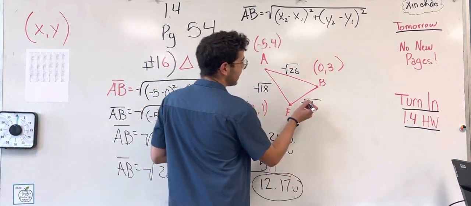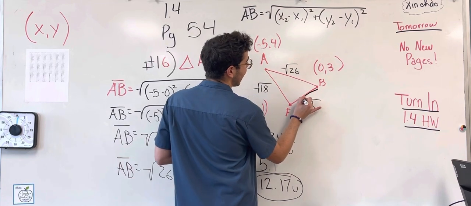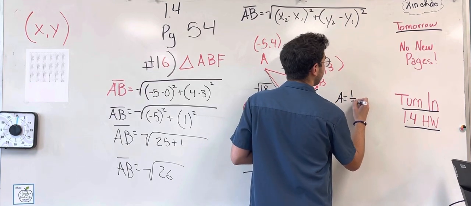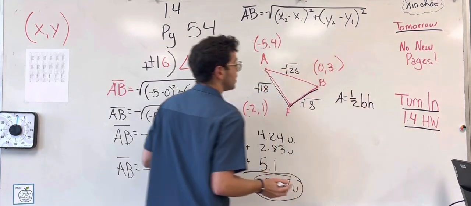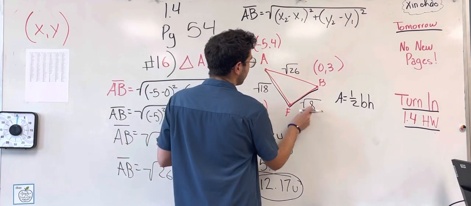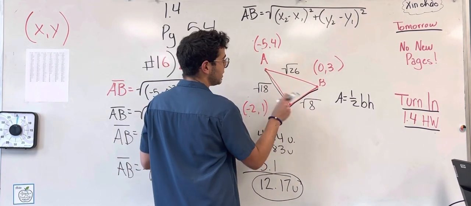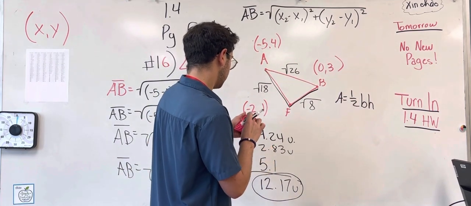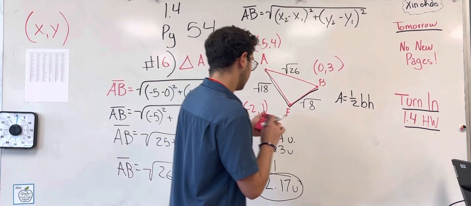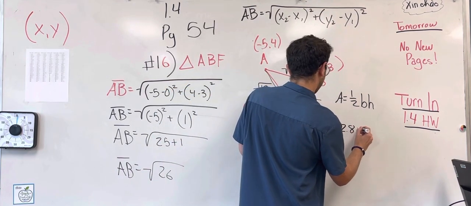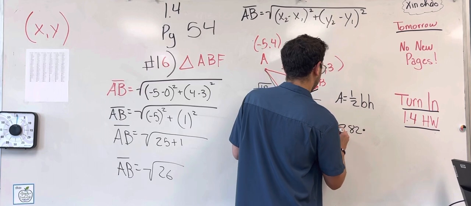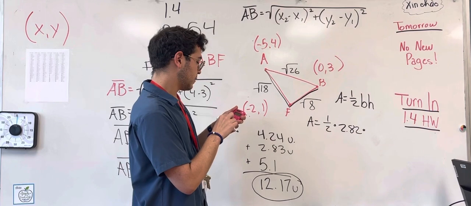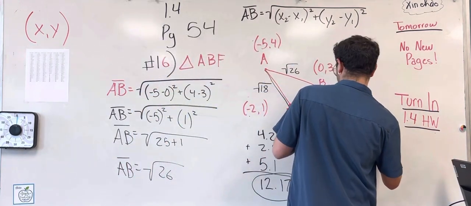So for the area, it's base times height. This is the height, this is the base, and the area of a triangle is 1/2 base times height. So we would do the square root of 8 times the square root of 18 divided by 2, which is 2.83 times 4.24 divided by 2.